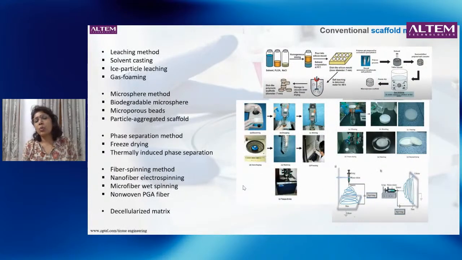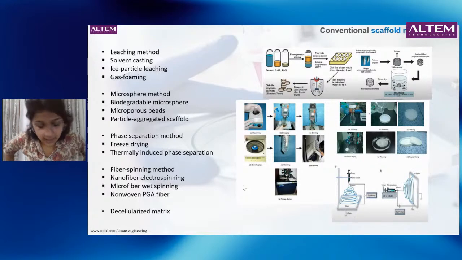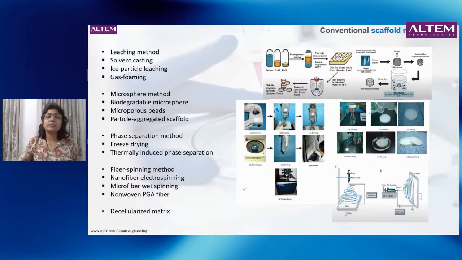Now, when you come down to the scaffolds that are created and how tissue engineering would help create a specific type of model for where you want to use it, you would have several methods. So we have the leaching method where you have solvent casting, ice particle leaching, gas forming.